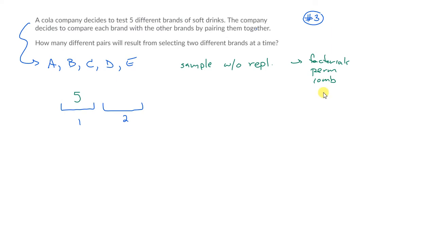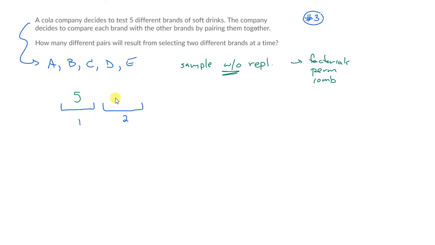If I was replacing, it would just be 5 choices for the first and 5 choices for the second, and I'm done. There'd be 25 ways to do things. But because I'm not replacing, things get more complicated.